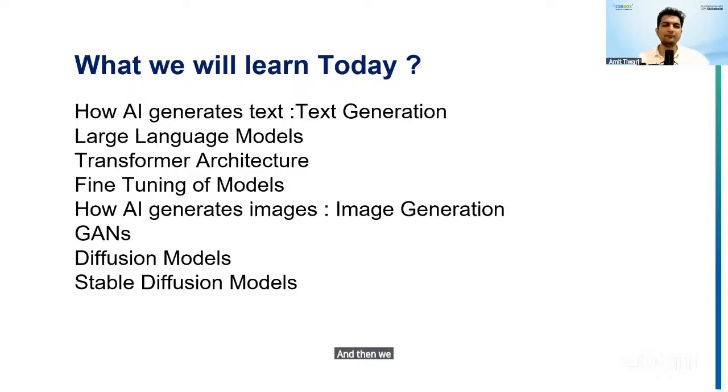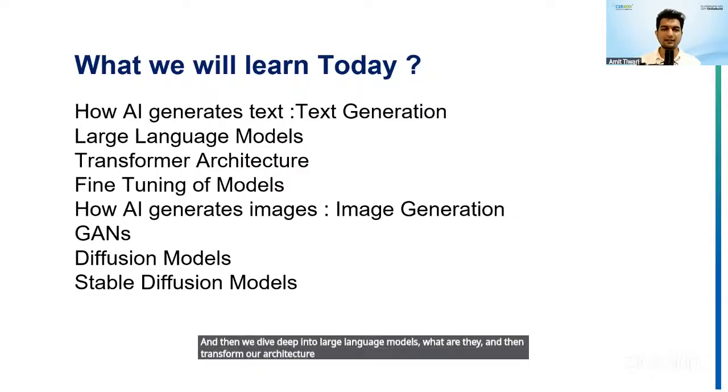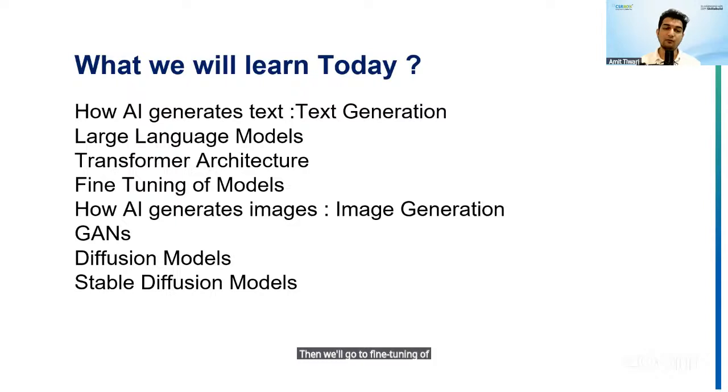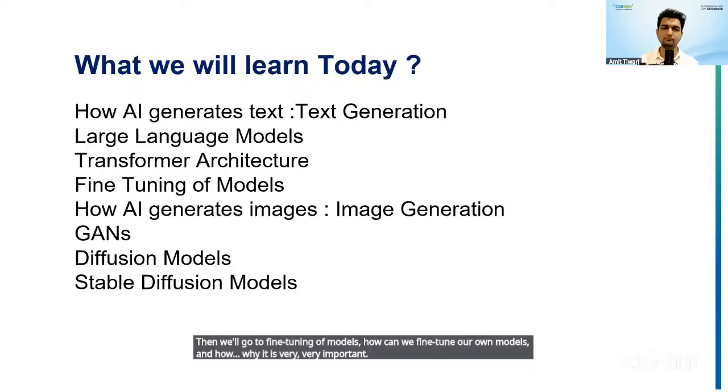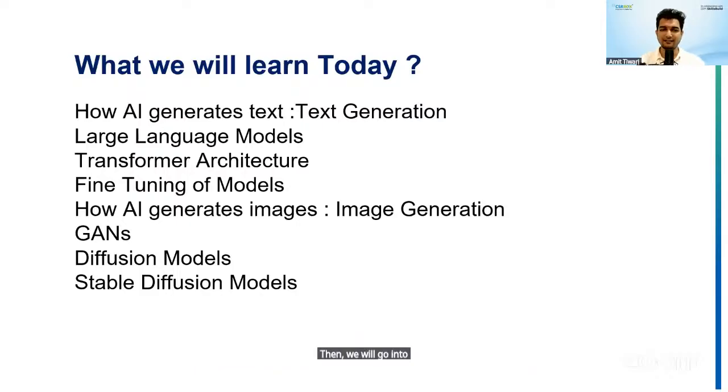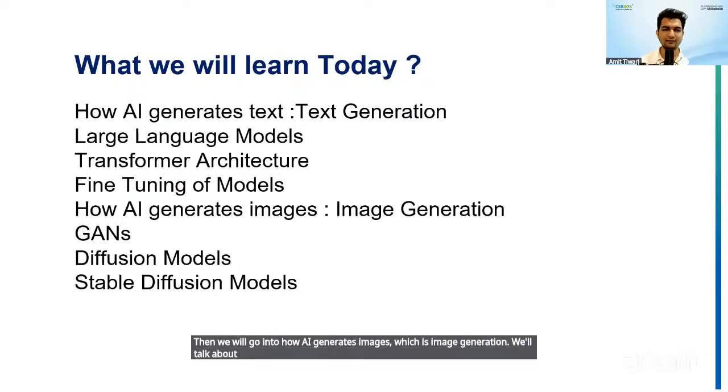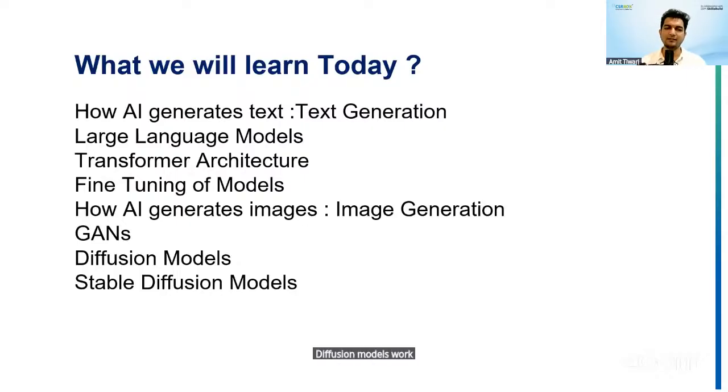Then we dive deep into large language models, what they are, and the transformer architecture on which they are based. Then we will go to fine-tuning of models: how we can fine-tune our own models and why it is very important. Then we will go into how AI generates images, which is image generation. We will talk about GANs, generative adversarial networks, how they work, diffusion models, how they work, and the Stable Diffusion model, which is the state of the art.